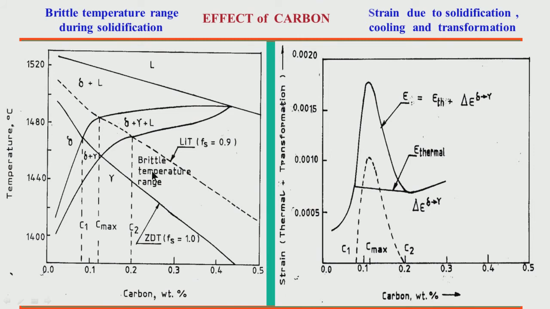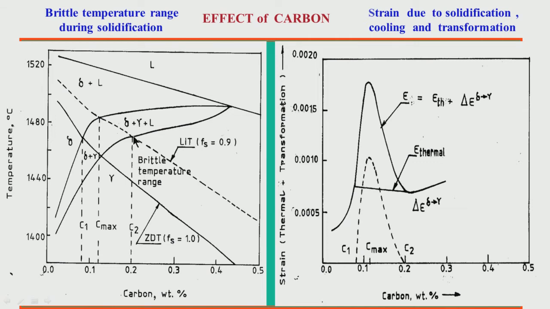Is it clear? The implication of C1, C max and C2: when carbon content is less than C1, say 0.05, delta to gamma transformation is taking place only after solidification is complete. During solidification, no delta to gamma transformation is there.